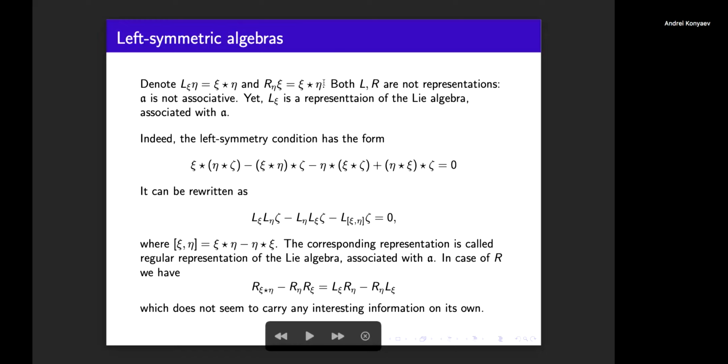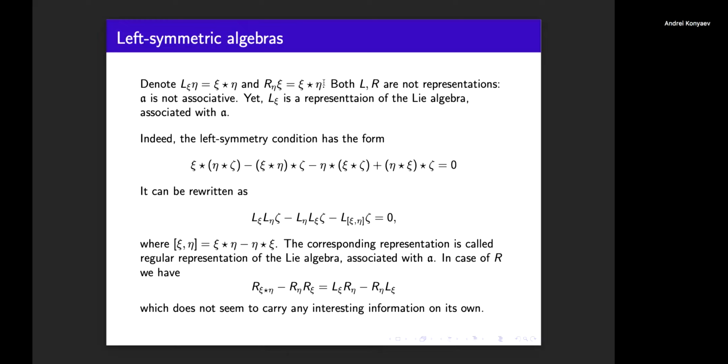If we deal with associative algebras, for example, these are good representations. They call them the right and left multiplication representations. They're really nice. And it means that you can represent your elements L and R as matrices.